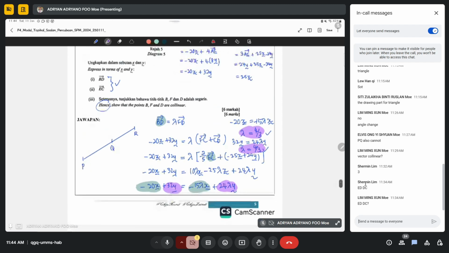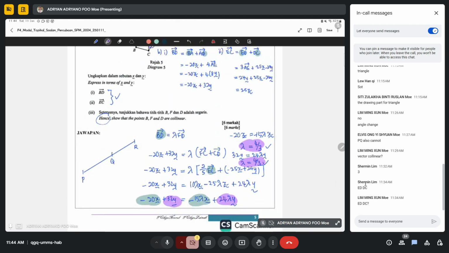So this is collinear. First step, you must think of a route. Whenever you do collinear, you must be able to play with the routes, like this BD, FD. I don't have to use BD, FD; I can use BD, BF also, or DF, DB also can, but usually we follow BD, FD. So when you get this, you find the vector, compare, find the lambda constant or not. If the lambda from x compare and y compare are the same, good, you are on the right track, therefore they are collinear. But you can't leave your answer like this. Your final answer must be written: since BD equals 4/3 of FD, thus B, F and D are collinear. This is your final answer. We must see this sentence. Don't just find lambda and say yes collinear.